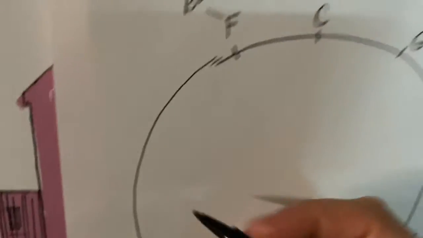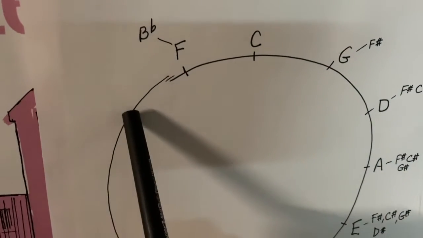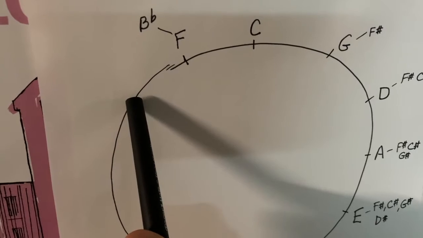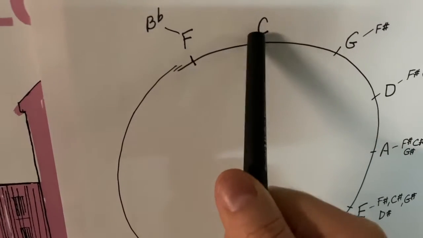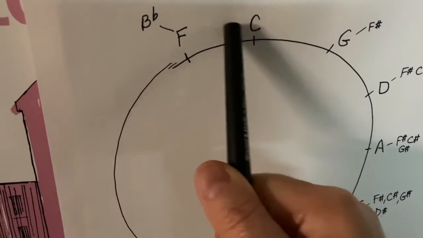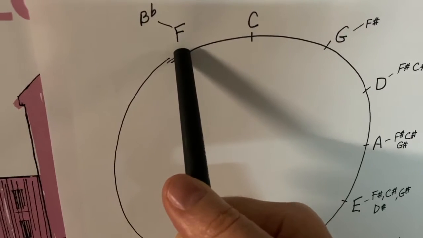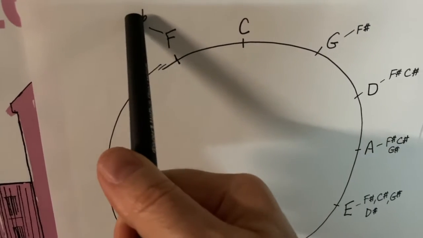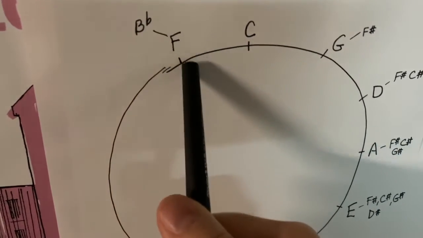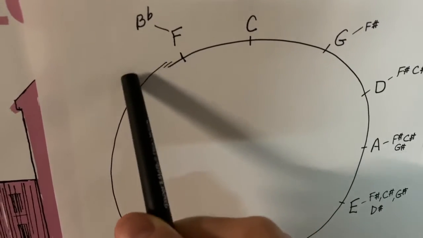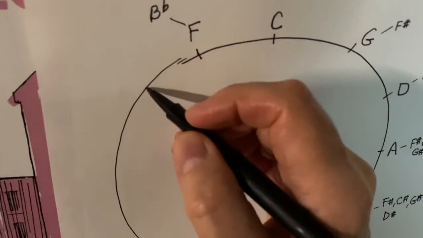This flat names the next key because we are going around in 4ths. So, going up a 4th from C to F, we also go up a 4th to find out the flat in F, and that also names the next key because we're going up in 4ths.